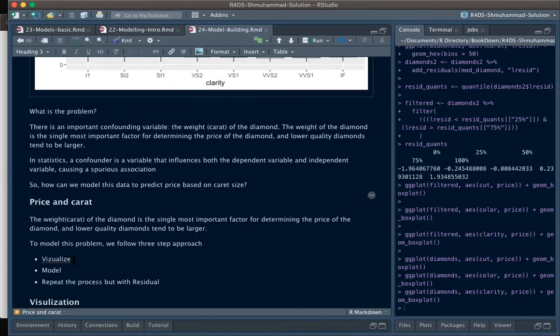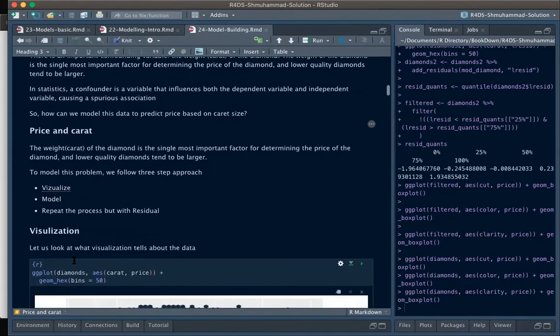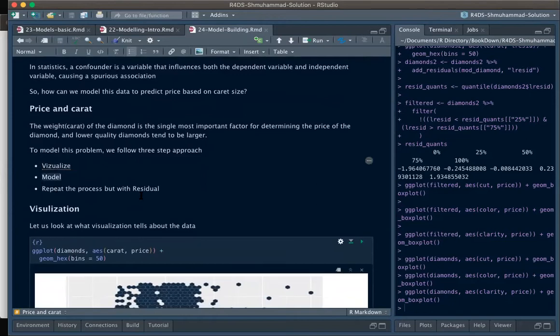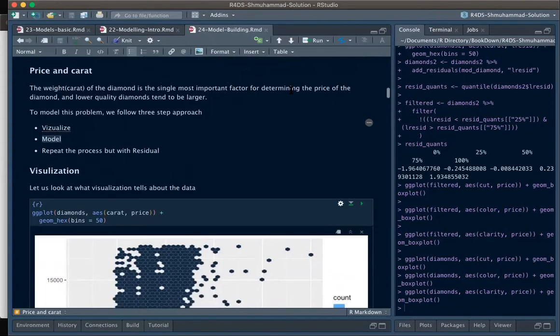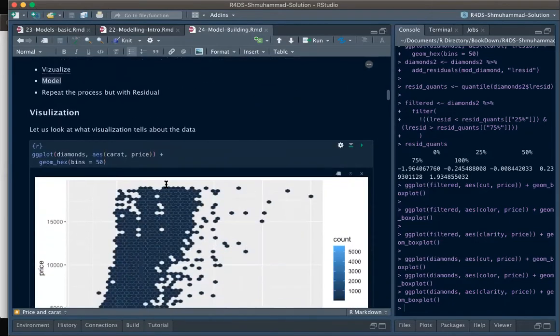So as we have said, we are going to do the first approach, and in the first approach we have three things: visualization, modeling, repeat the process. Let's look at the first one, and we have also had a look at the box plot of the data at the beginning. When we want to do the modeling, the first step is this. This is our data set diamond, and this is the carat, and this is the price.